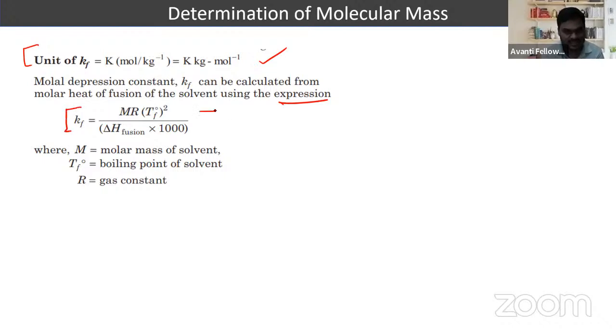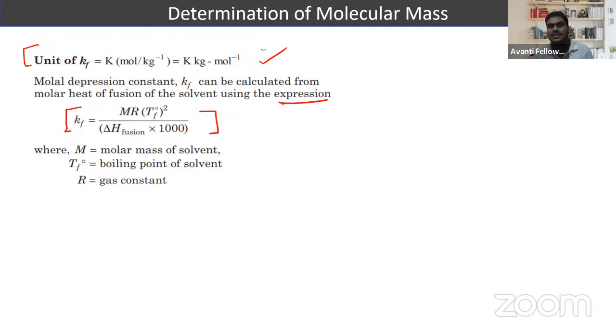So try to learn this expression also. In some cases, questions come directly from this topic alone. That is, Kf is M into R into Tf square upon delta H of fusion into 1000, where M is the molar mass, Tf is the freezing point of the solvent, and R is the gas constant. So this is all about the depression in freezing point.